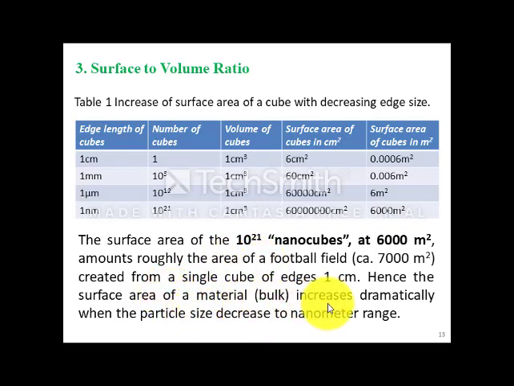Hence the surface area of bulk material increases dramatically when the particle size decreases to the nanometer range. This is actually the surface to volume ratio, and it is a very amazing property.